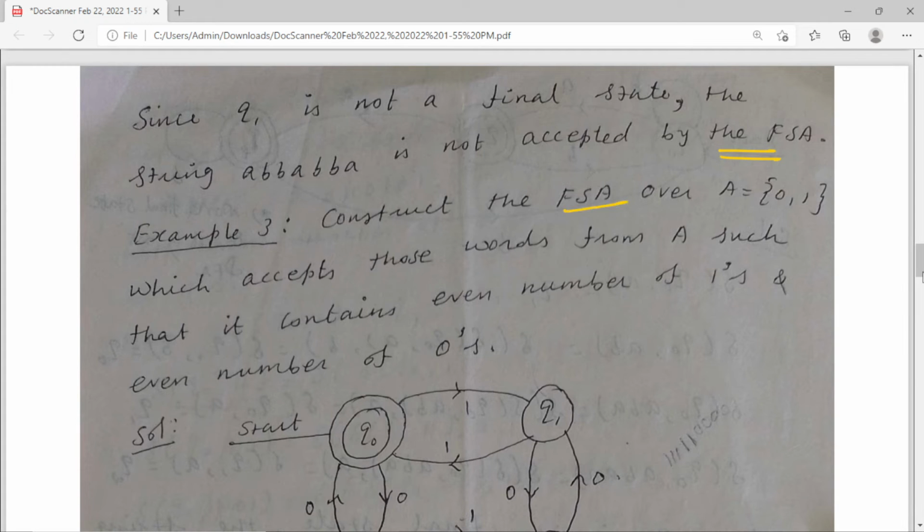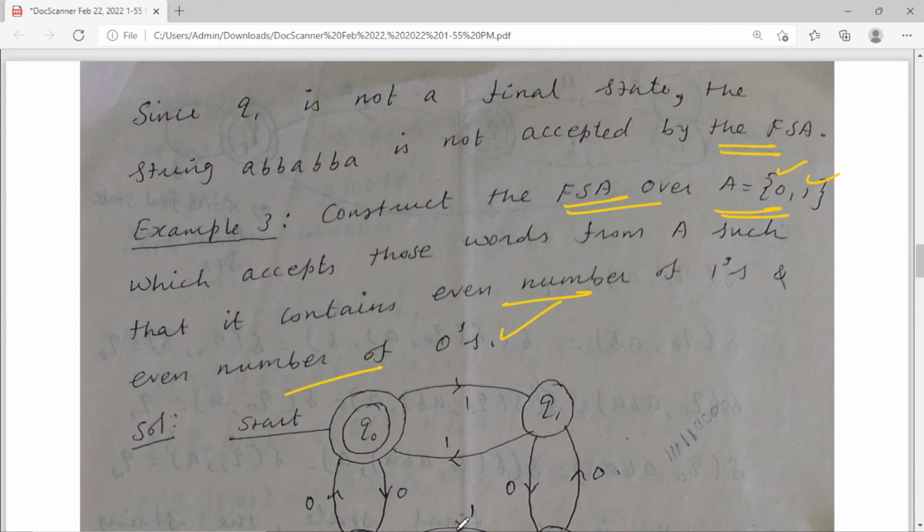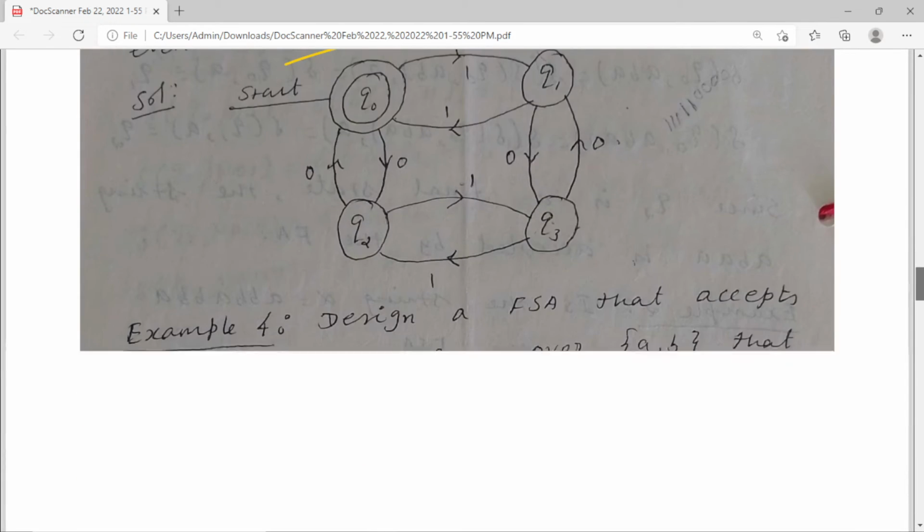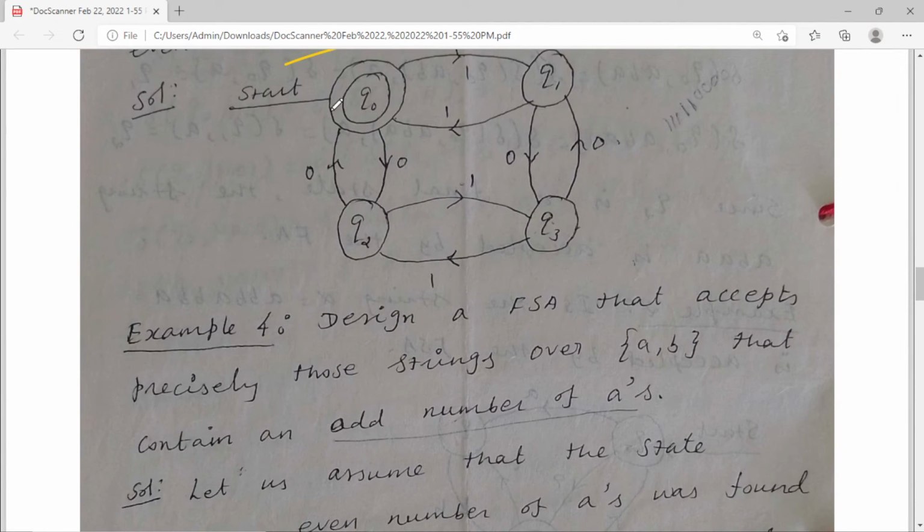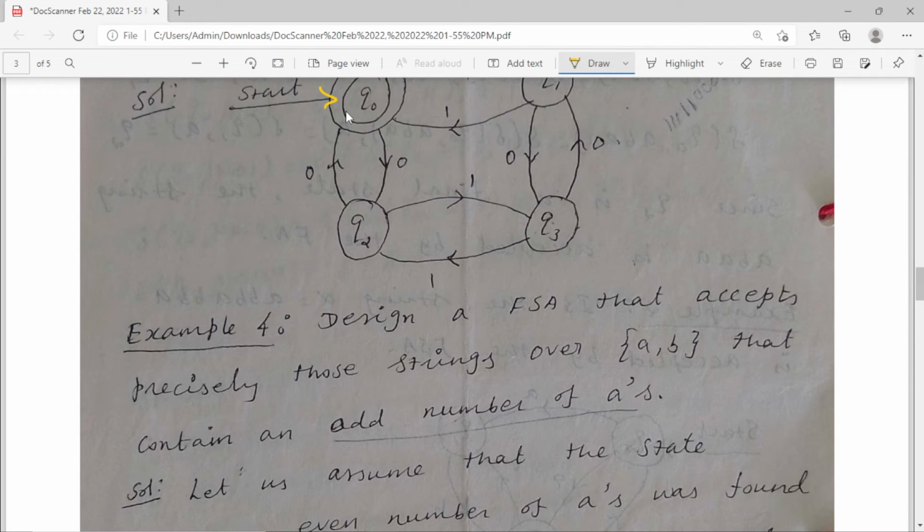Construct a finite state automata over the alphabet A that consists of the symbols 0 and 1, which accepts those words from A such that it consists of an even number of zeros and an even number of ones. This is the diagram we have discussed already, isn't it? Now this is the initial state Q0. We have 4 states Q0, Q1, Q2 and Q3.